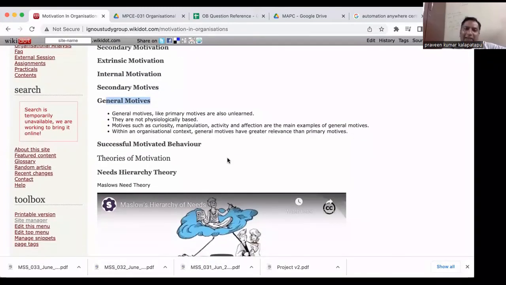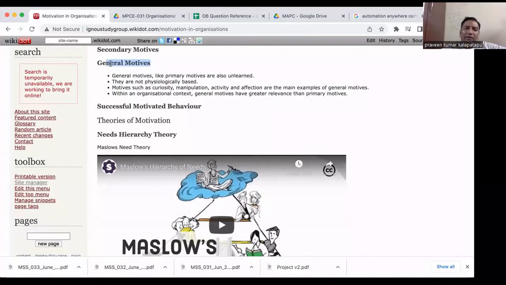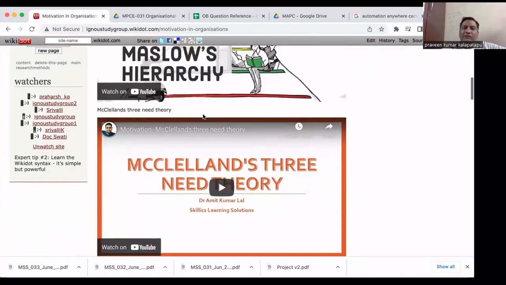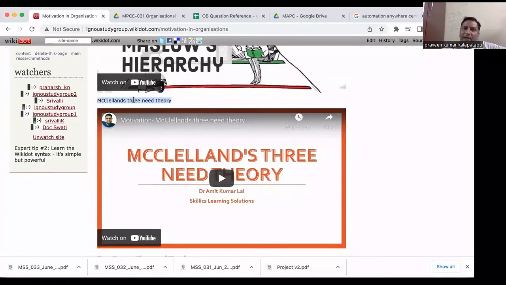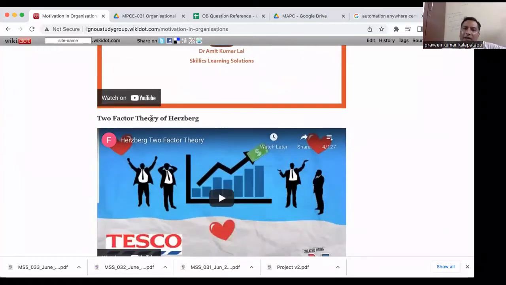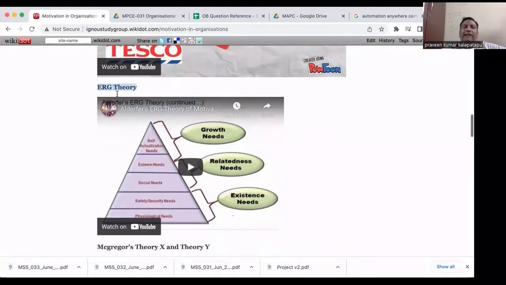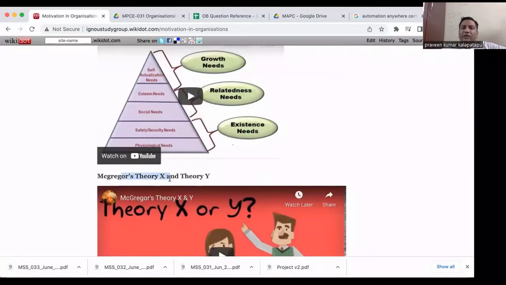So still they are like primary needs. That is the only aspect which is new in this particular unit. Right? Theories of motivation. We already learned Maslow's.